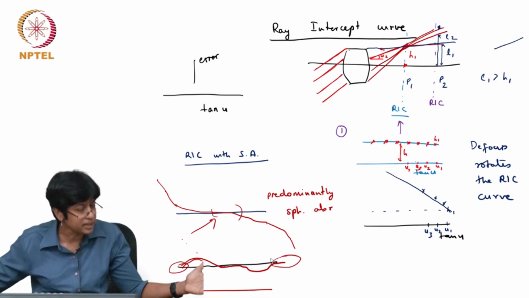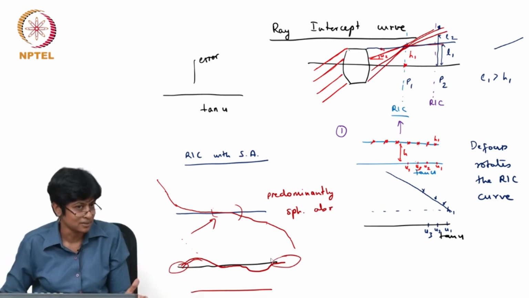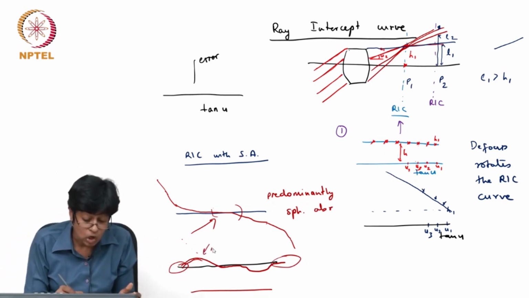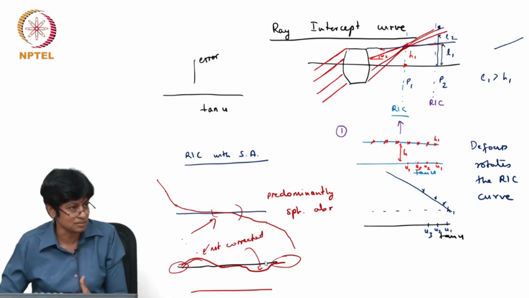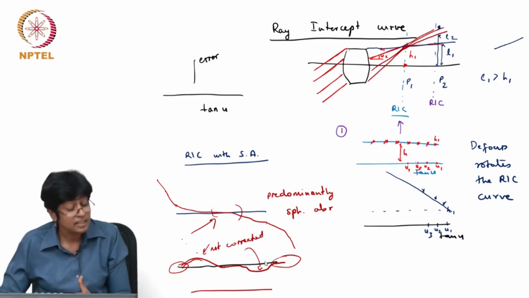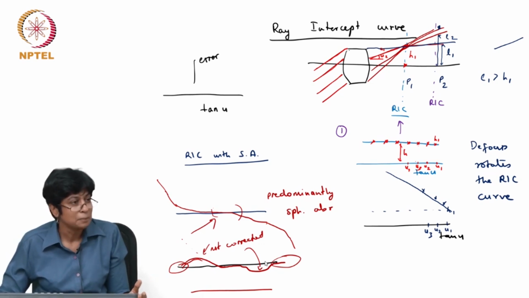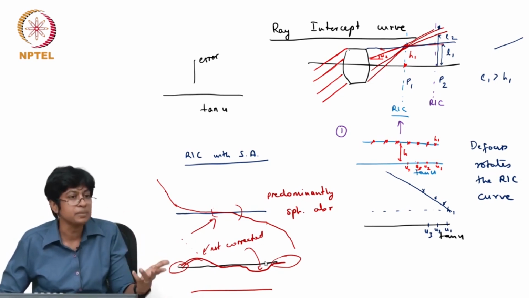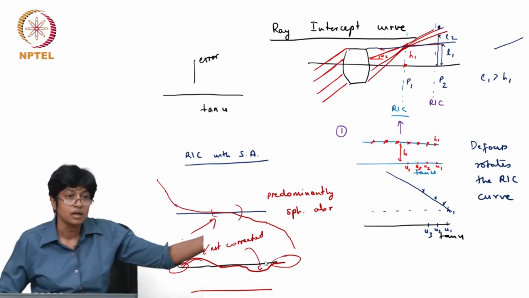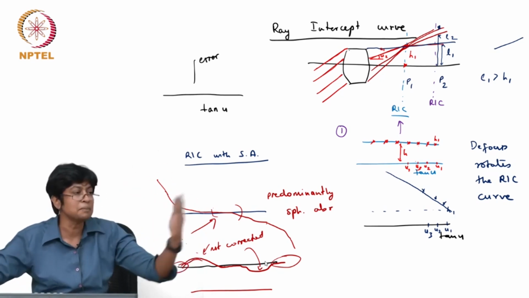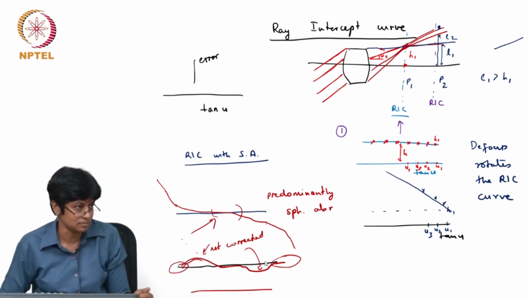The place where it would have got worse is corrected. So even though it's not corrected here, that is not the zone where it's the worst. And that's why sometimes this is an adequate enough correction, because it doesn't allow the aberration to increase too much. It pulls it back down when it's getting too large.